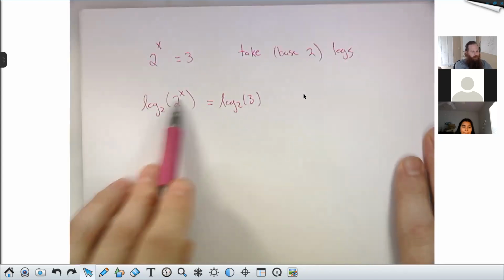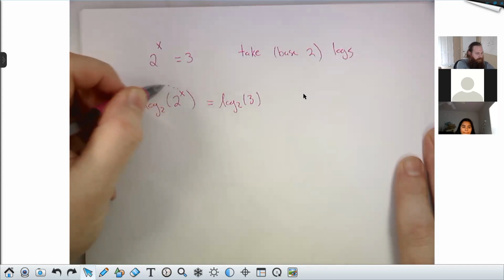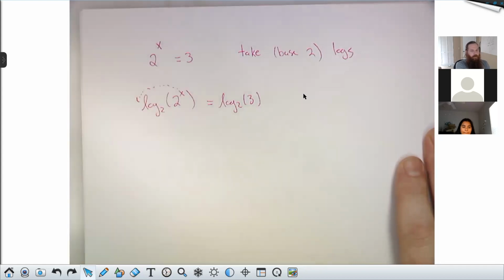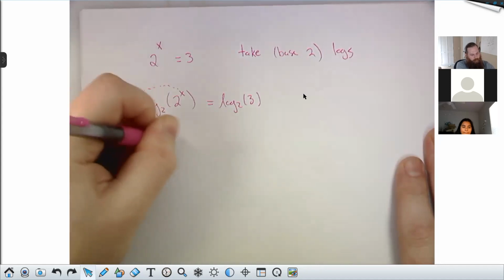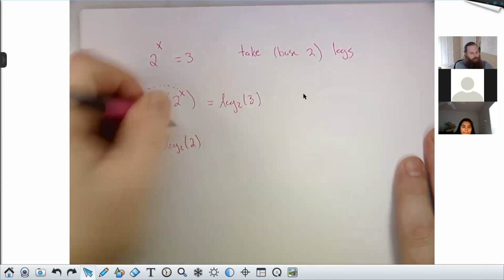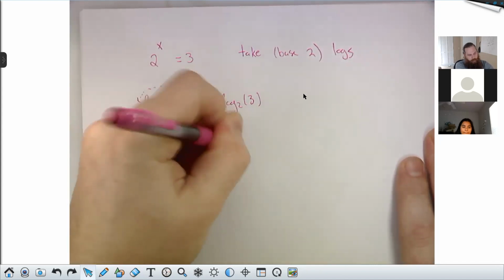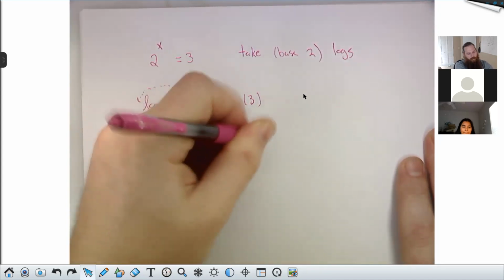Now, following the algebra properties, this x can come down here. And I'll have x times the base 2 log of 2 is equal to the base 2 log of 3.